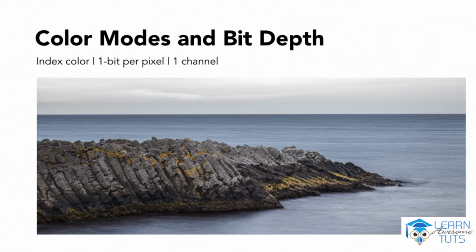Now, in this video, it might look like this is a continuous tone photograph, but if you had an image that had a lot of different colors in it, you would start to see a dither pattern, or you just wouldn't see all of the colors being represented accurately.